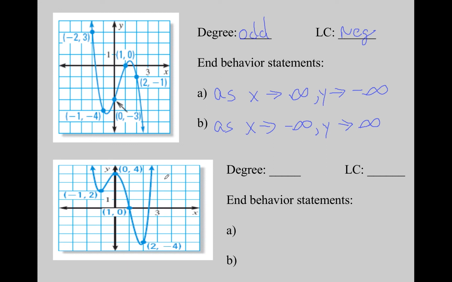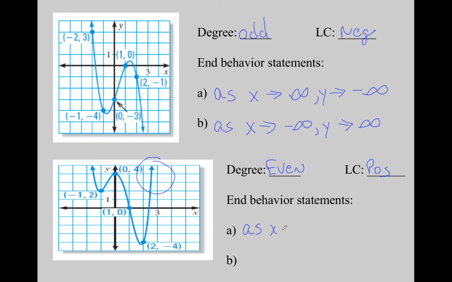All right, now that you're back, both arrows go in the same direction. That makes this an even degree. They're both going up, so my leading coefficient is going to be positive. Take a look at the right hand side.